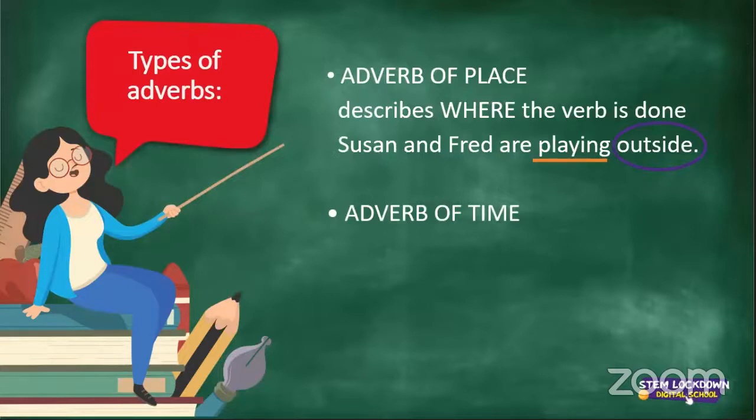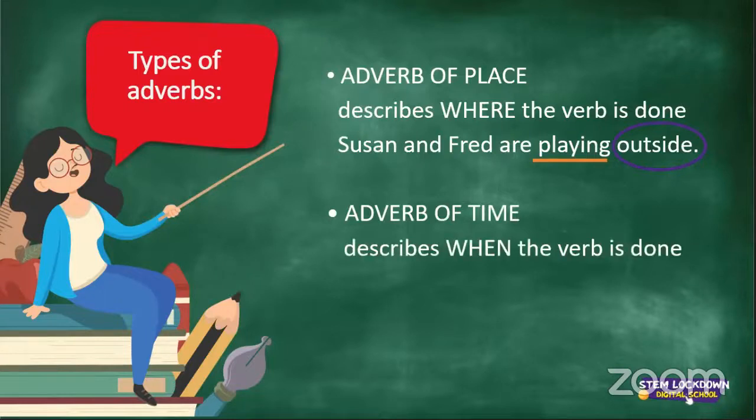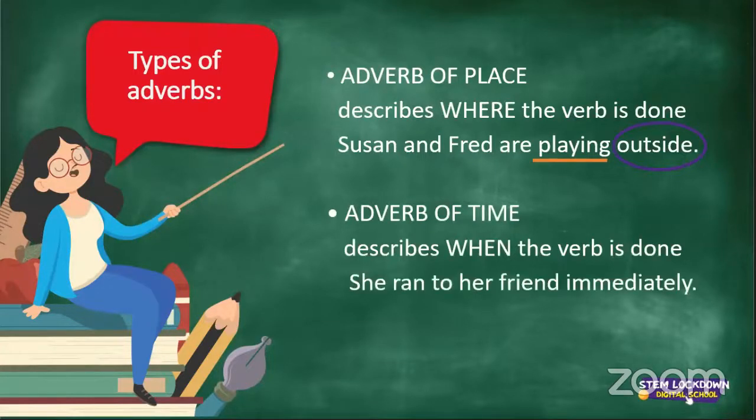Remember that an adverb of time describes when the verb is done. Here's my example for you. She ran to her friend immediately. I quickly want all of you to write the verb in your chat box.